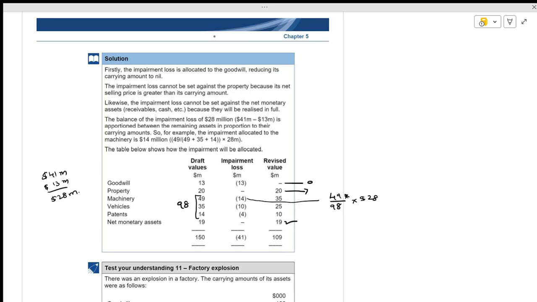49 minus 14, 35. Next, 35 divided by 98 times 28. It comes to almost 10. And 14 divided by 98 times 28.